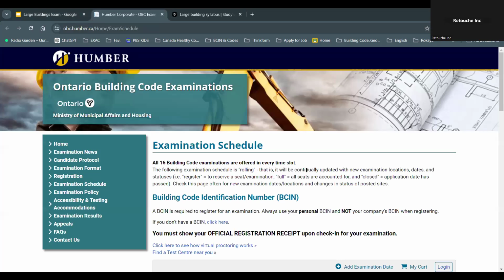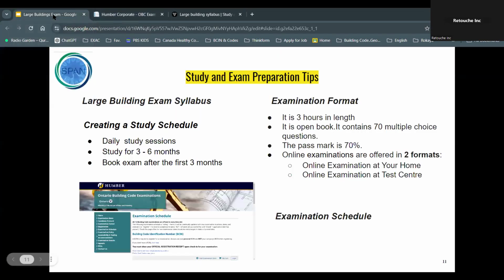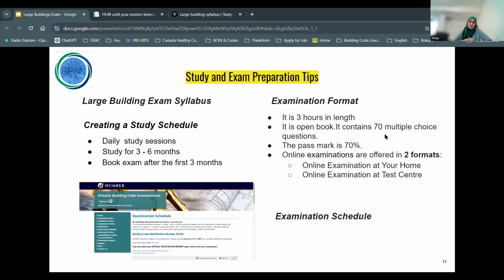Question, Alia, you said you did all your exams. Are they multiple exams or just one exam? All the exams are multiple choice. Okay, so it's one exam, but you did it at home, is that what you're saying? One exam for large building. But before the large building exam, my advice is to do the small building exam first, because you can't do the large building exam as your first exam from the OBC.